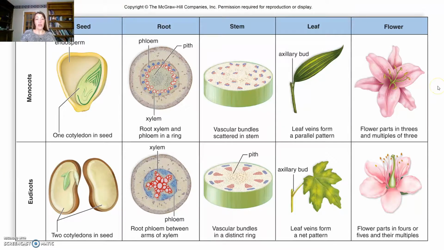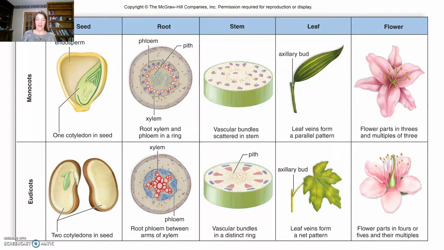Now, if there's flowers around, you can also tell if it's a monocot or eudicot based on the flower petals. If you're looking at a monocot, the flower parts or the petals are going to be in sets or multiples of 3. Think about this: mono is going to have one answer, which is 3. And eudicots are going to have 2 answers, because it's eudicot.